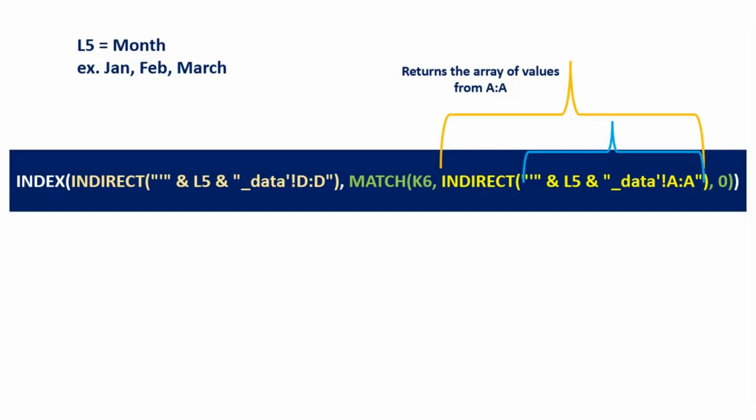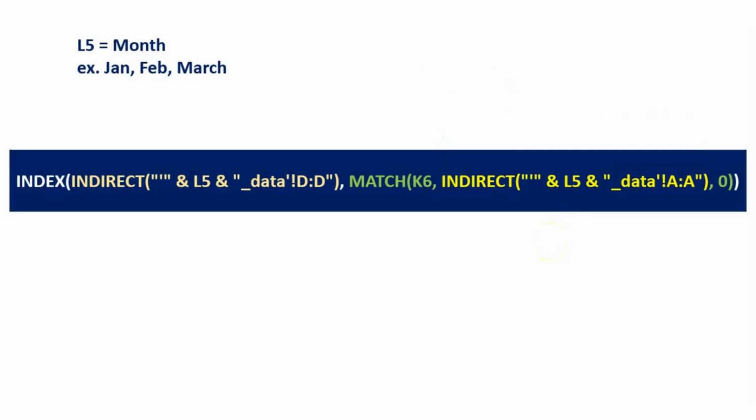This array becomes an input parameter for the MATCH function. The MATCH function takes in three arguments. The first argument is the lookup value. The second argument is the array which has been returned from the INDIRECT function, which is referred to as the lookup array. And the third value tells us that we want an exact match.